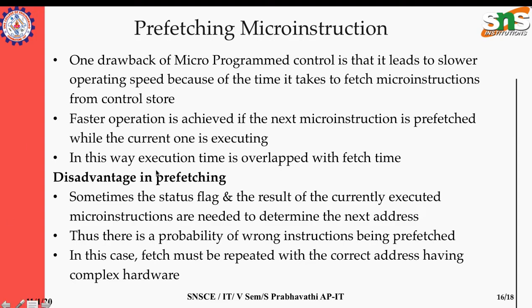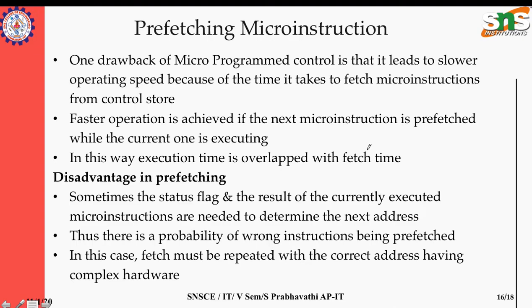So it is a little slower, and this slow operating mode could be changed a bit by prefetching the next instruction at a time. Faster operation is achieved if the next micro instruction is prefetched, in the sense that while executing the current instruction itself we are getting the next instruction address, because now we don't want to depend on the current instruction, since each and every instruction will have its own address field. So by overlapping we could increase the speed of operating the microprogram control unit.